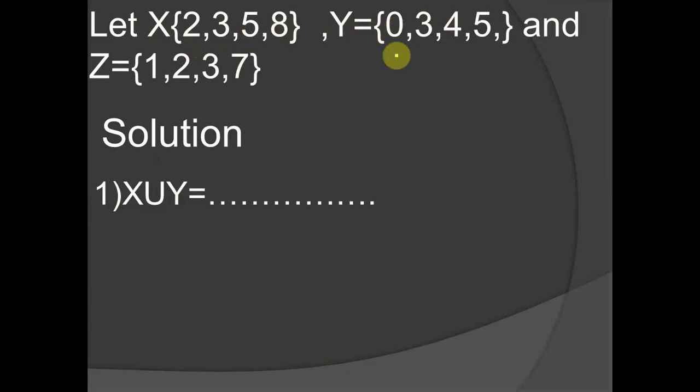Y has a new element 0, add it. 3 is found in X, don't repeat. 4, a new element, write it. 5 we find in X, don't repeat. So the union is {2, 3, 5, 8} and add 0 and 4.